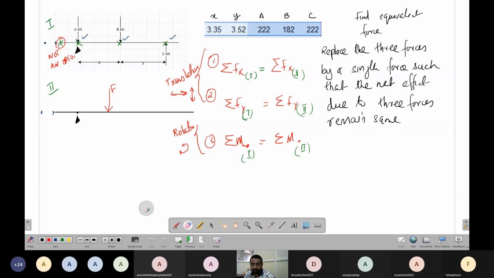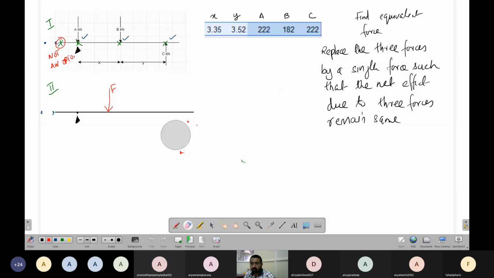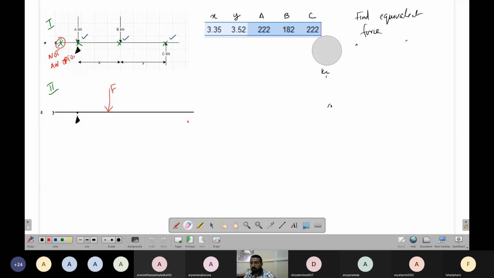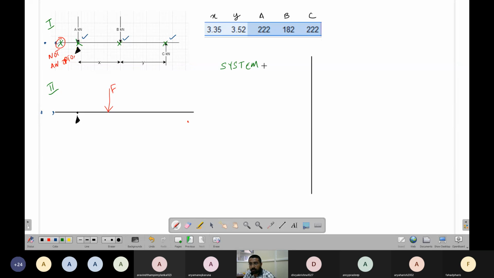Let's divide this into two regions, system 1 and system 2. The summation of forces in x direction is equal to the x component of forces, so it is 0.